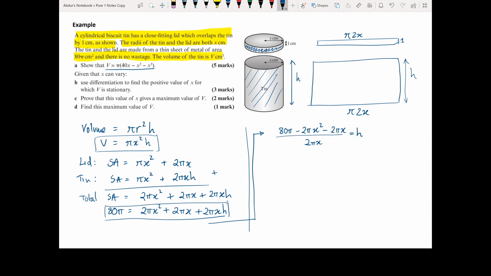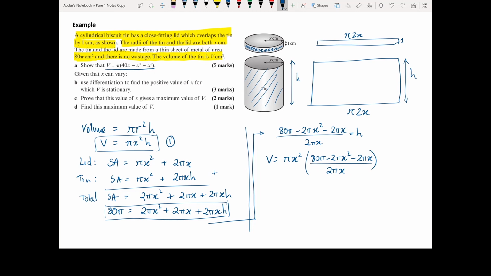And that's what we're going to substitute into our first equation. So substituting this h into our first equation gets us V is equal to pi x squared times h, which we know to be 80 pi minus 2 pi x squared minus 2 pi x, all over 2 pi x.